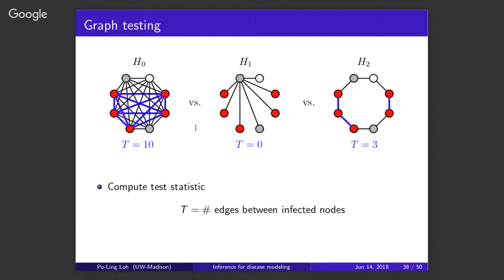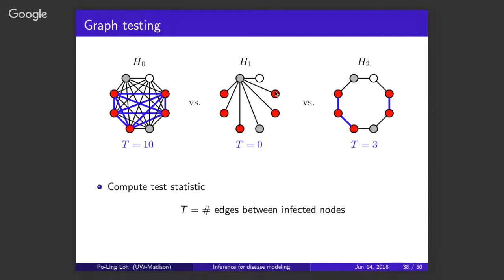So a test statistic that we thought of, and there may be other ones that also make sense, but this one seemed natural, is that you look at the nodes that are infected in your hypothesized graph. So you'll see that in all three of these graphs, it's the same configuration of who's infected and who's not. The test statistic consists of figuring out how many connections there are within red nodes in the graph. So in this clique, we have a very large number of connections, t equals 10.